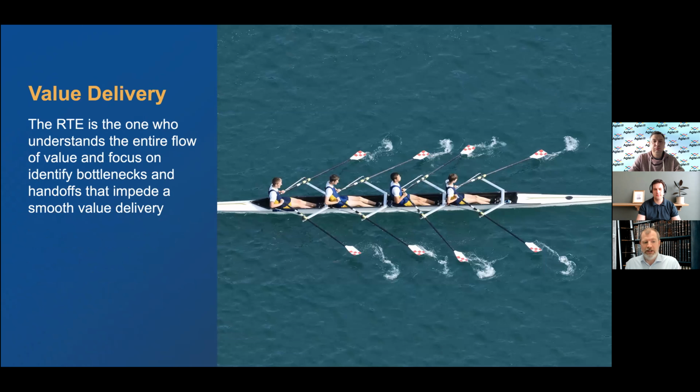The third dimension, and definitely not the least important one, is value delivery. In my experience and opinion, in most cases we don't lose the focus, but we are definitely not working only towards value delivery, which is actually the mission of an Agile Release Train.